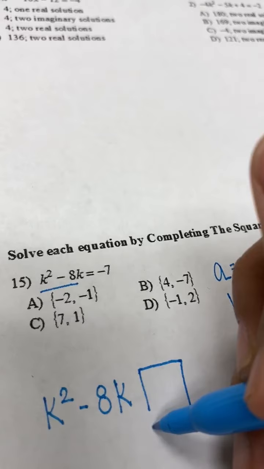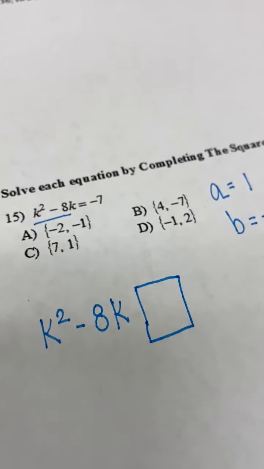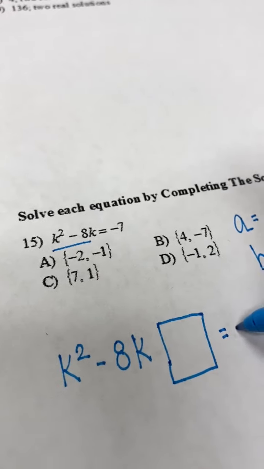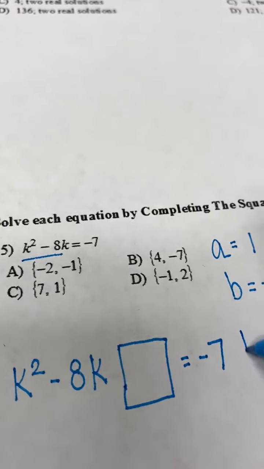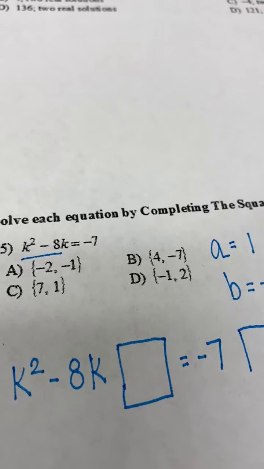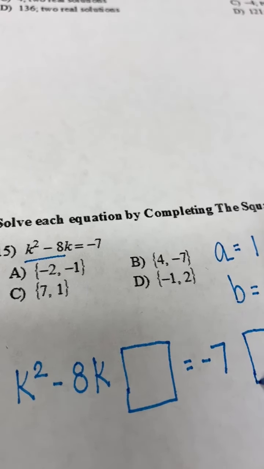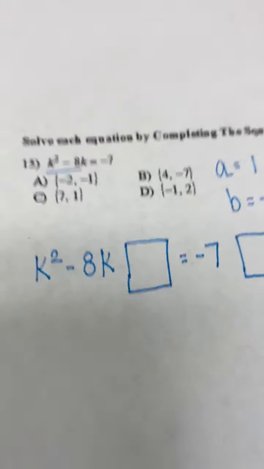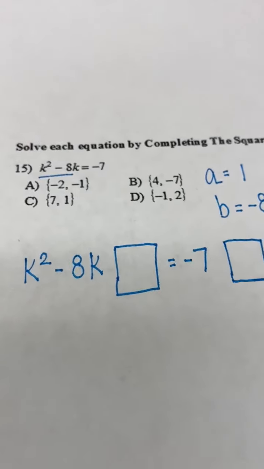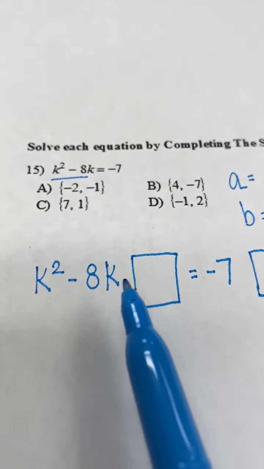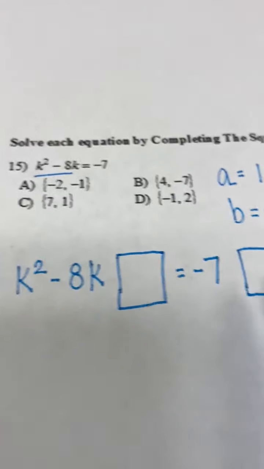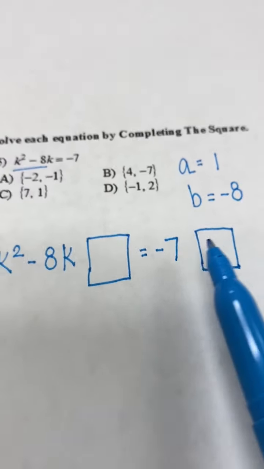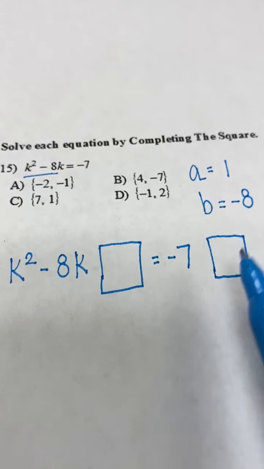There's my square, equals -7, and then I'm going to do another square. You take this part, k squared minus 8k, put in a blank square, equals -7, and then put another blank square. That's why it's called completing the square.